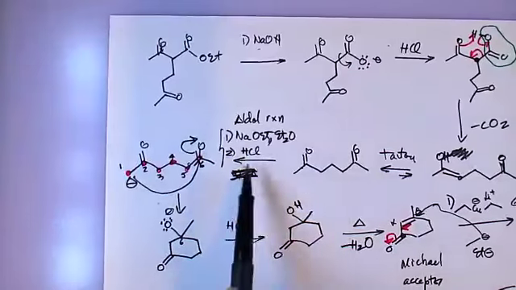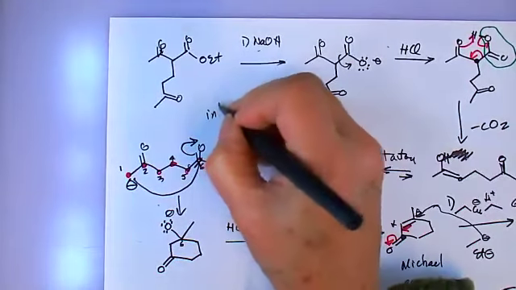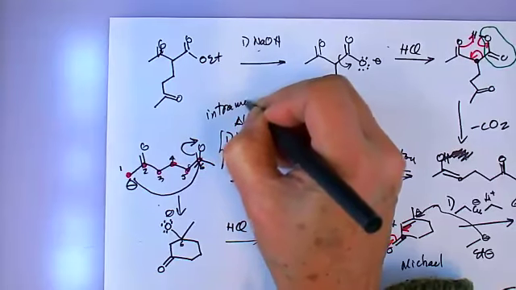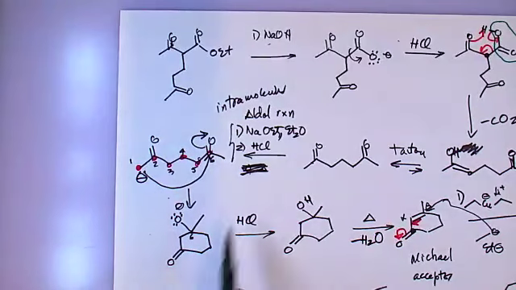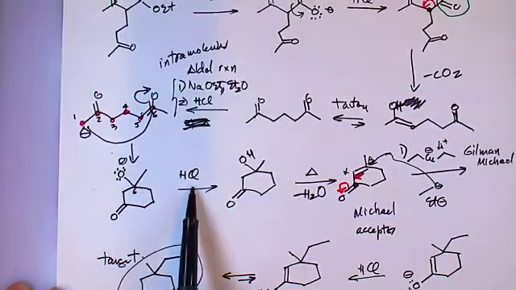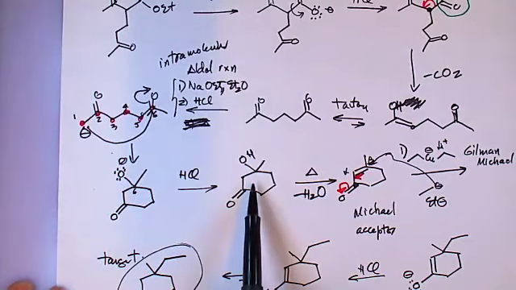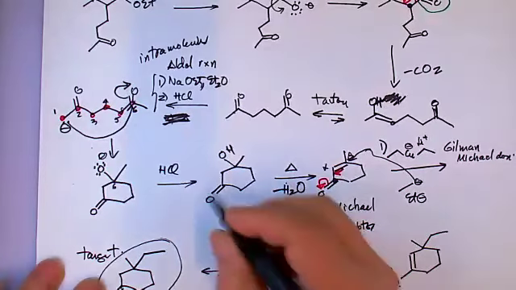Once we have this, the condition is to do an intramolecular aldol reaction. Removing that, you will form a 6-member ring. Upon acidic workup, you get this compound, the aldol product.